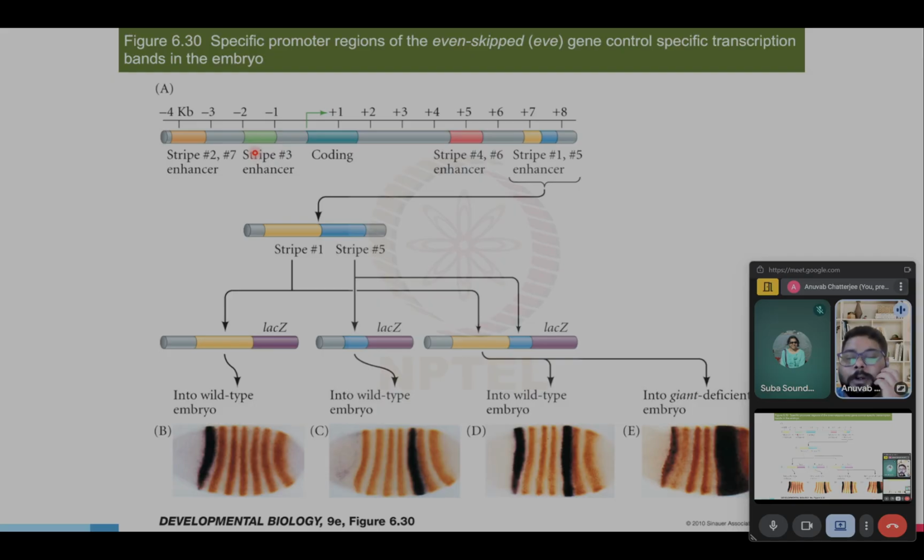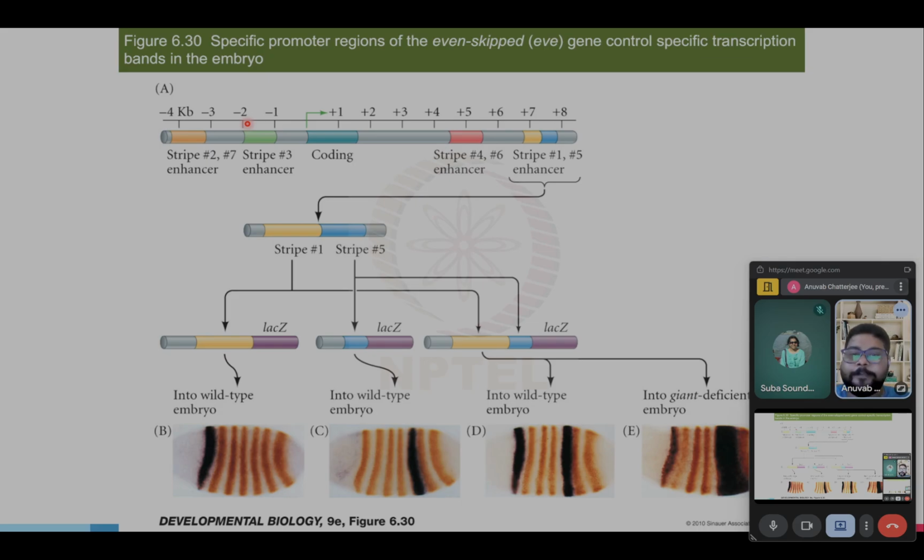And one important thing about enhancers is that they are modular, meaning you can essentially pick and choose whatever enhancer you want and put it on top of another gene, and they can function. So even though one of the enhancers is not functioning, the other can function. You can essentially just put them into their place and they will start working, and take them out of place and their function will go away.